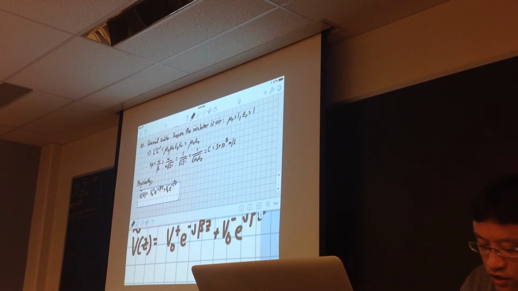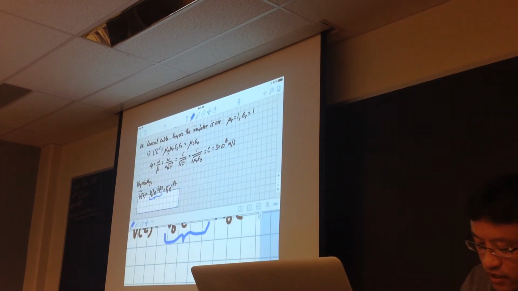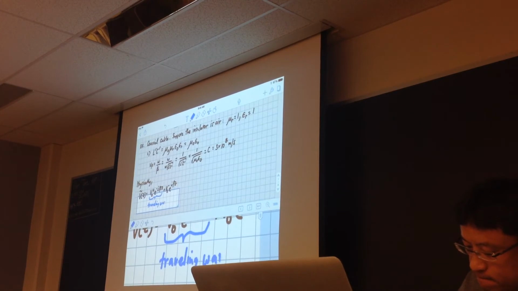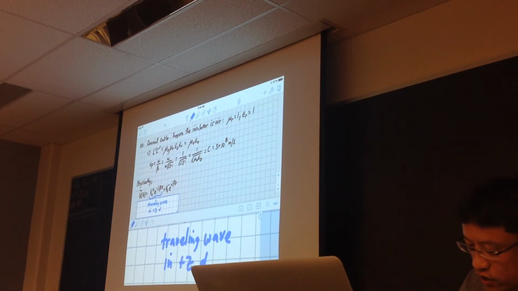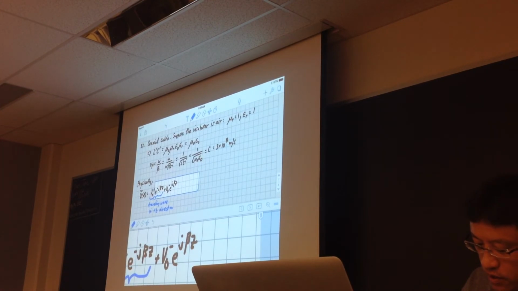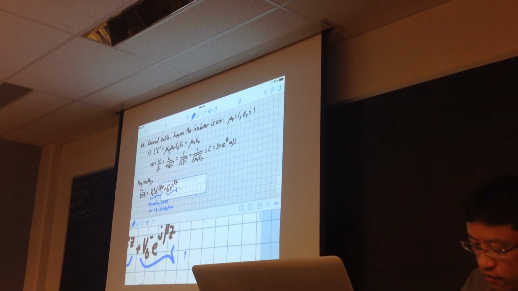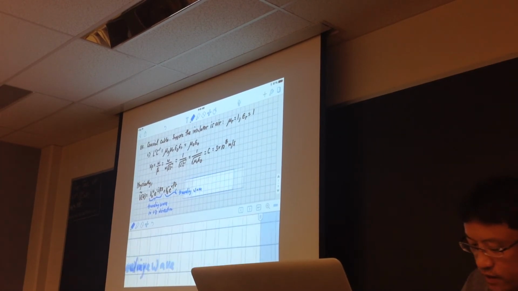And this first term, V0 plus e to the minus j beta z, represents a traveling wave in the plus z direction. And the second term represents a traveling wave in the minus z direction.